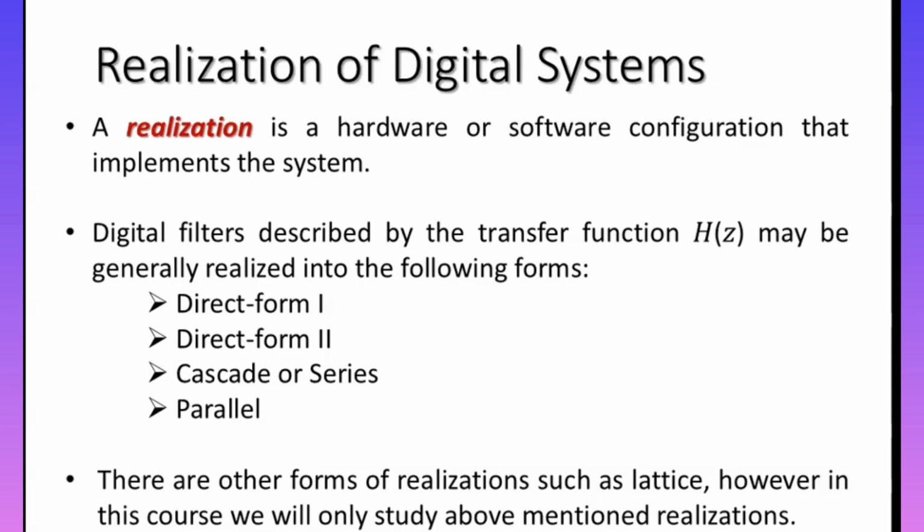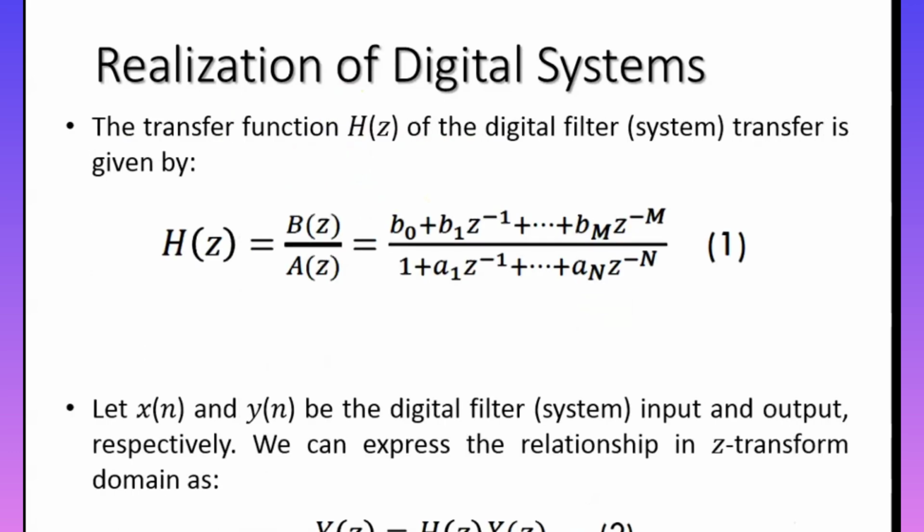First we will study the transfer function H(z) of a digital filter system, which is given by H(z) equals b0 plus b1 z power minus 1 plus up to bm z power minus m, divided by 1 plus a1 z power minus 1 plus up to an z power minus n.